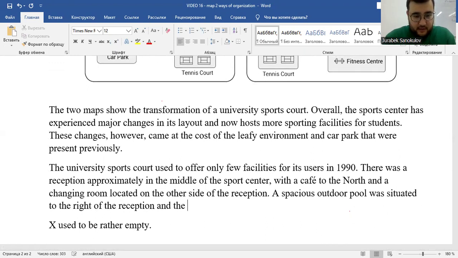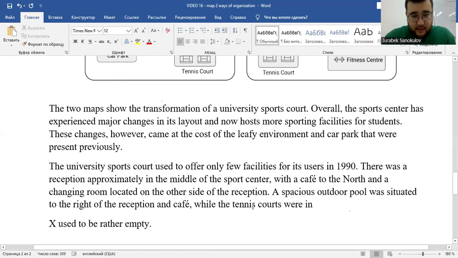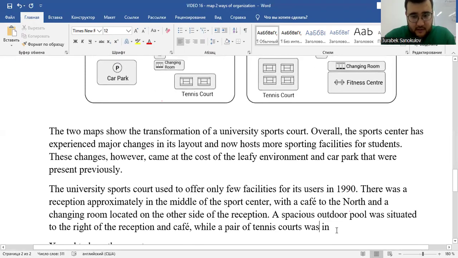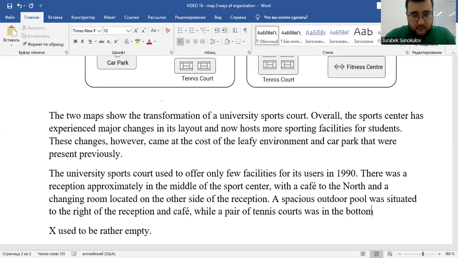Reception and the cafe. While the tennis courts were in, let's just say, a pair of tennis courts was in the bottom right corner of the map.